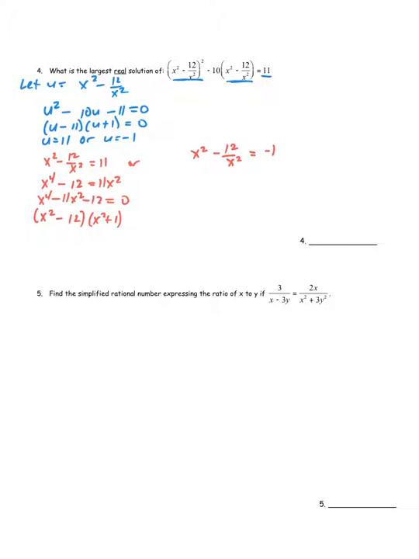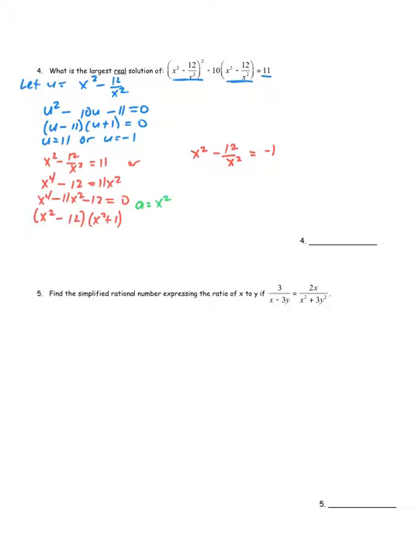If you want, you could do another u substitution. I'll write down what you can do. You could solve this by letting another variable, so let's let a be x squared, and then a squared would be x to the fourth. And then you would be able to solve that if you want.